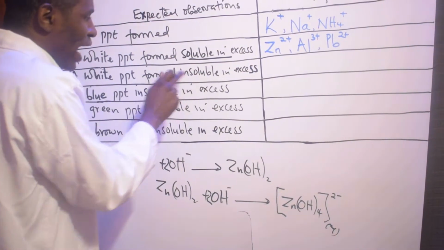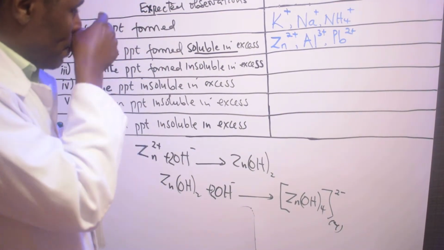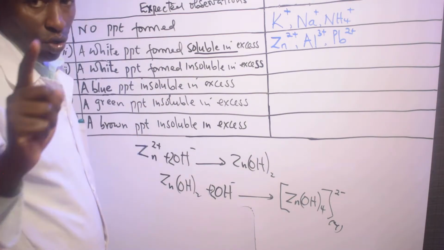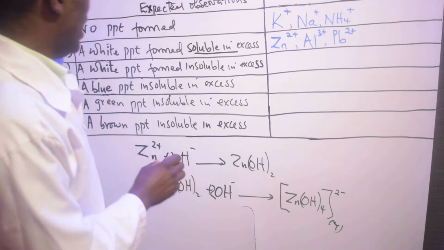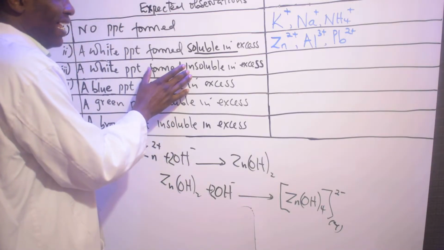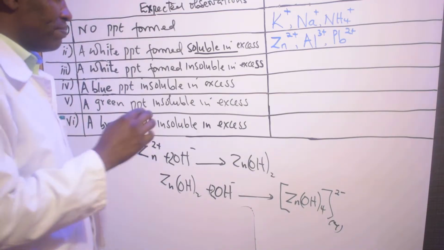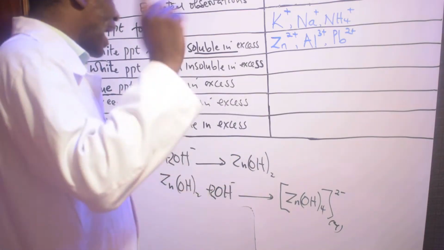Now, when you find that the precipitate formed is insoluble, that means that the hydroxide we are getting is insoluble, and the insoluble hydroxide here is not amphoteric. It is not amphoteric. That means it cannot react further with the sodium hydroxide.